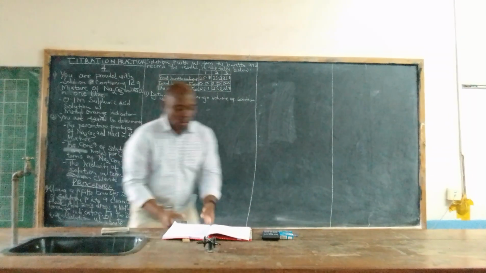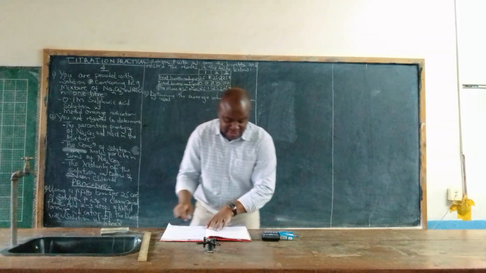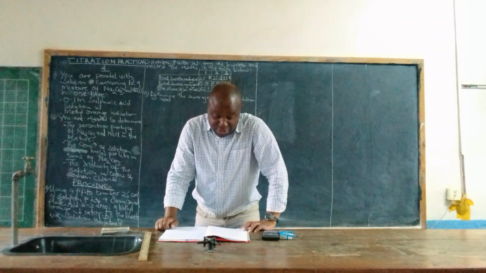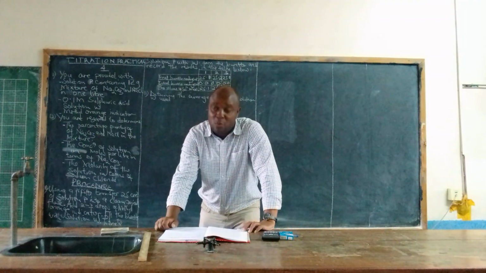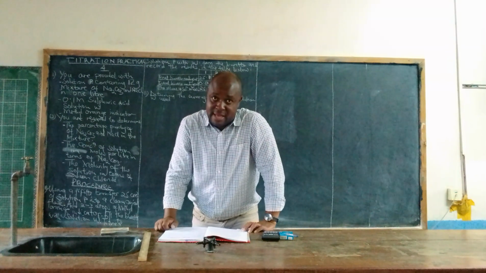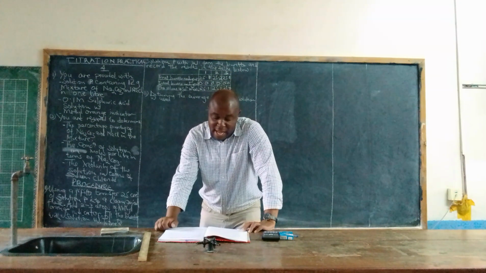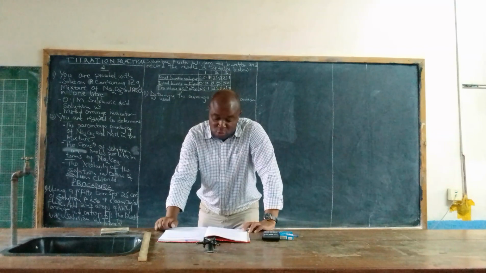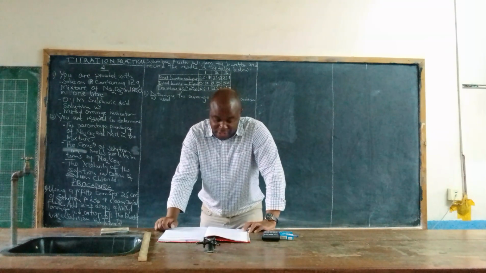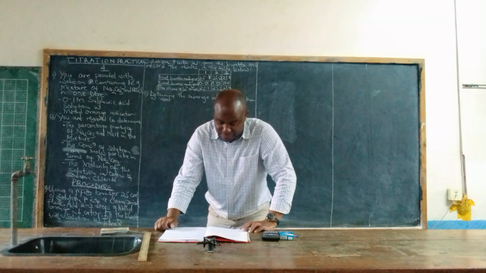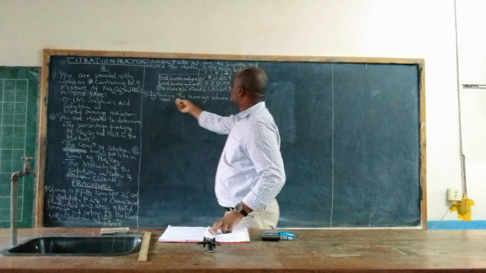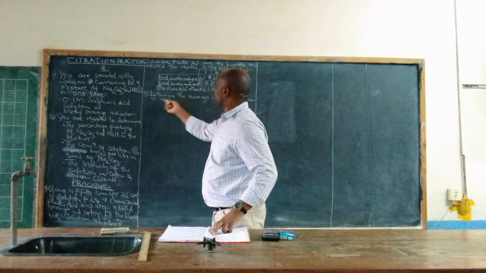So we go back to our questions. What does the question require us to do? What are the questions asking? For example, in our A, determine the volume of solution W used. So we are going to determine the average volume of solution W used.